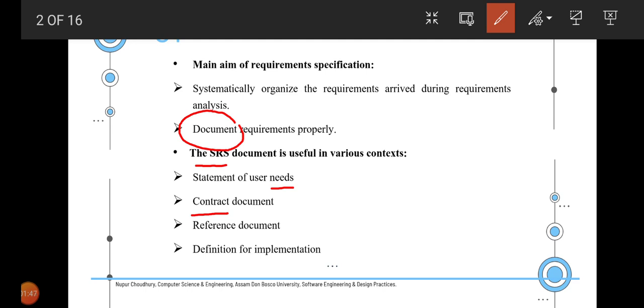You can also call it a reference document because the developers can go and refer to this document at any point of their development phase. And it also has the definition for implementation, whereby the various functionalities, non-functionalities and their goals are defined in this particular document.